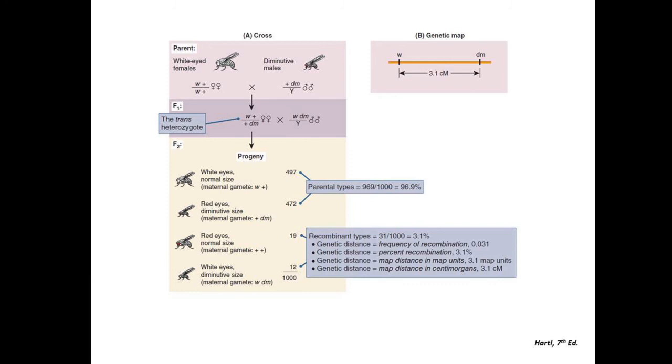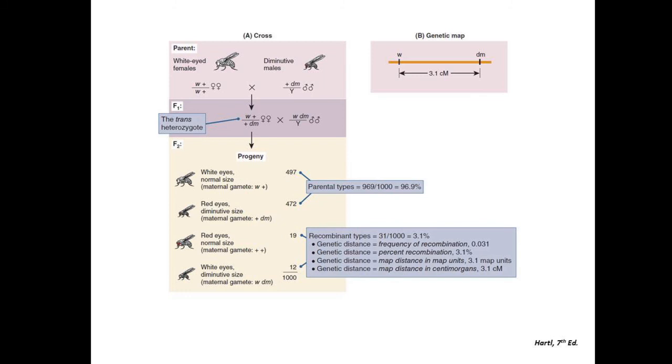So there are two alleles, W and DM. So the female and male are mated, and in the F1 generation they have trans heterozygous. Right, trans heterozygous. So both homologous chromosomes have both wild type and mutant type alleles, W plus and plus DM.